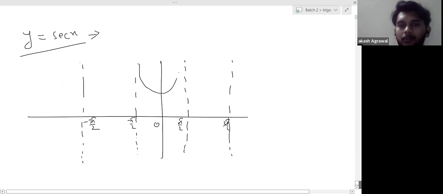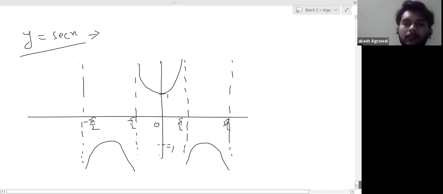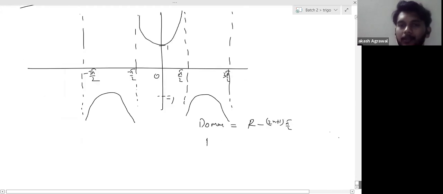This is also similar to cosec x. All right, this is 1, this is minus 1. Domain is R minus, where is this infinite? At odd multiples of pi by 2. And range is R minus the open interval -1 to 1. Right? Similar to cosec.